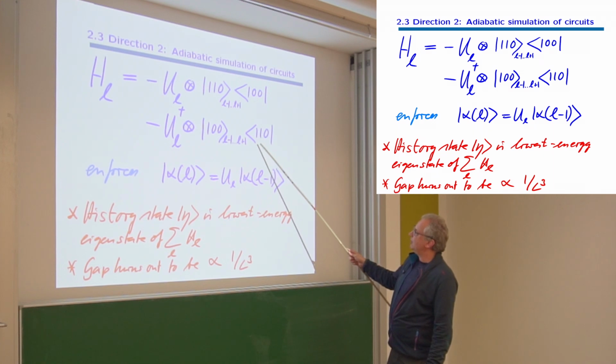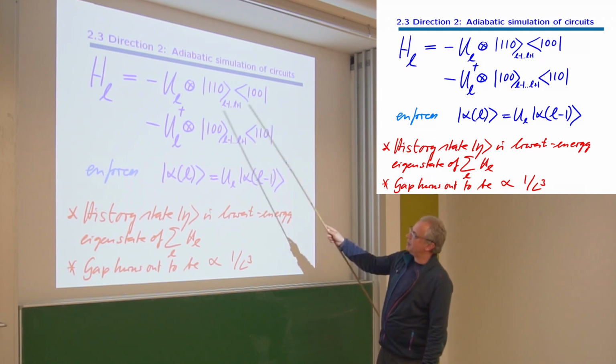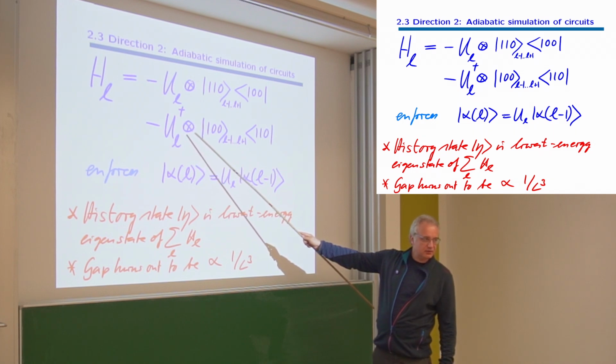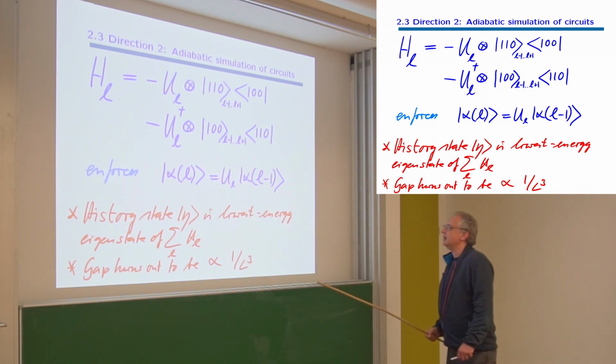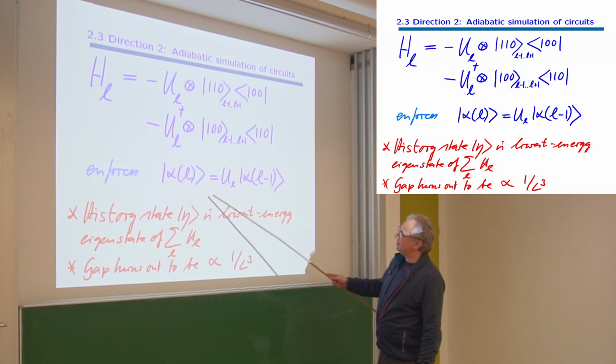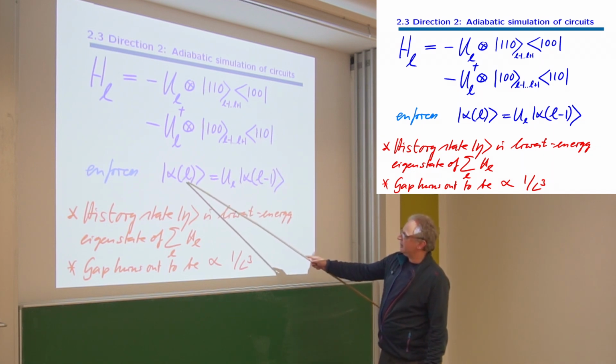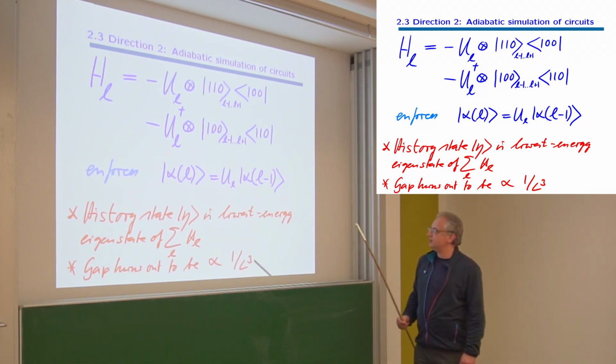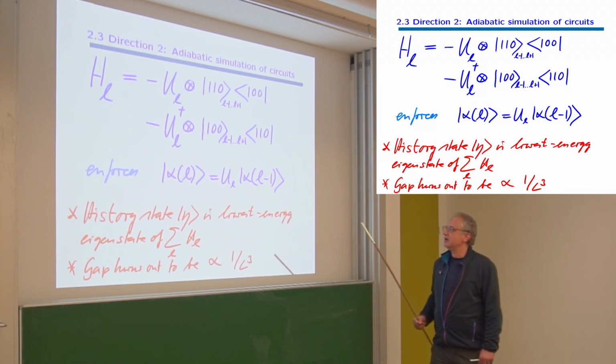This term makes you go a step backward in time and apply the inverse of the unitary. So this Hamiltonian piece enforces this relation between various branches of the superposition, which is exactly what you want to have.